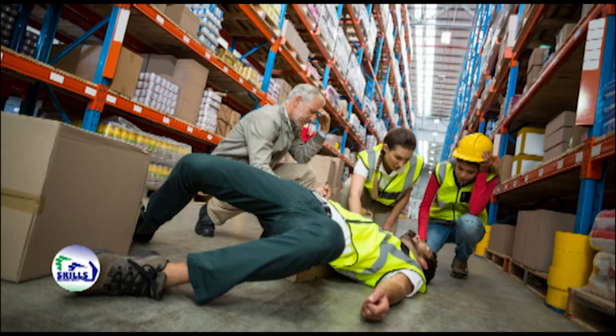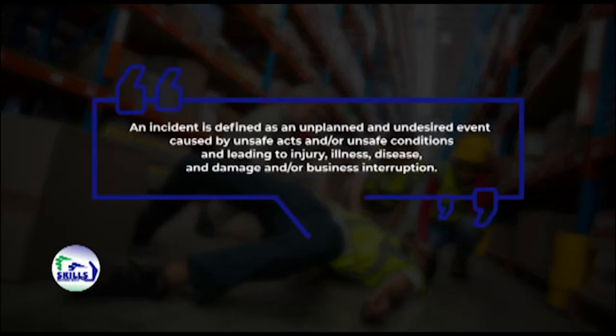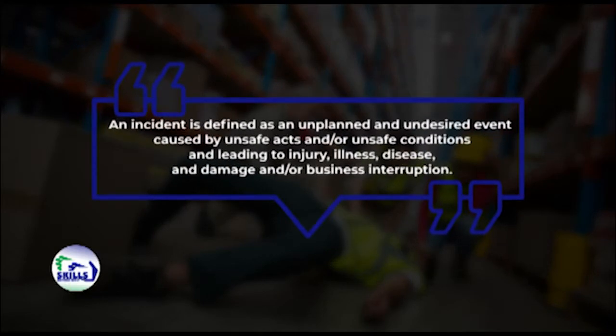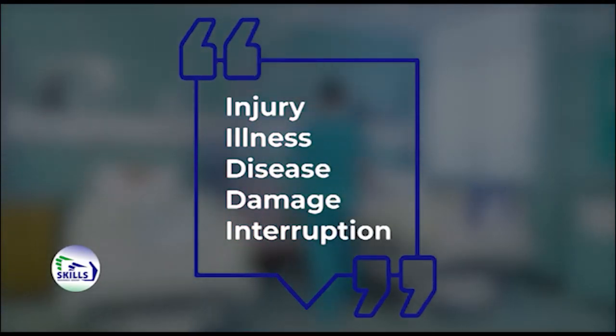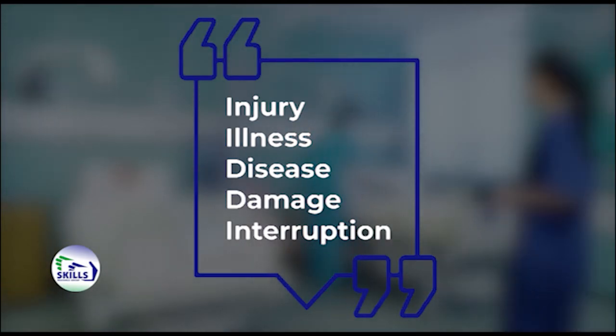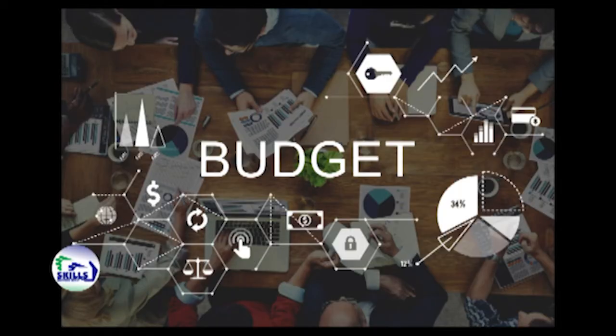D. Incident. An incident is defined as an unplanned and undesired event caused by unsafe acts and/or unsafe conditions and leading to injury, illness, disease, and damage and/or business interruption. E. Injury, illness, disease, damage, interruption. F. Cost.